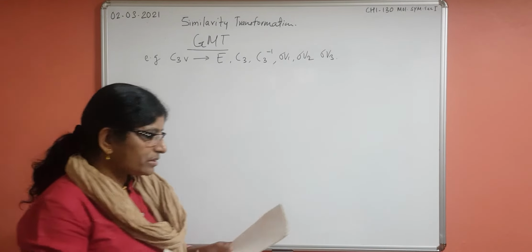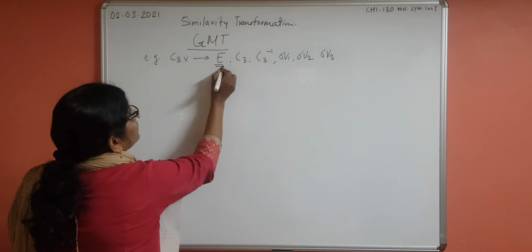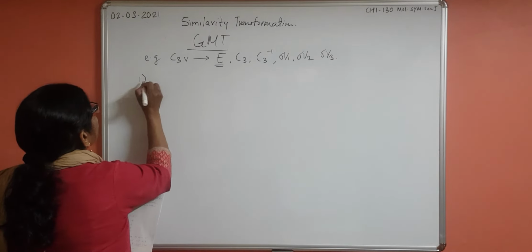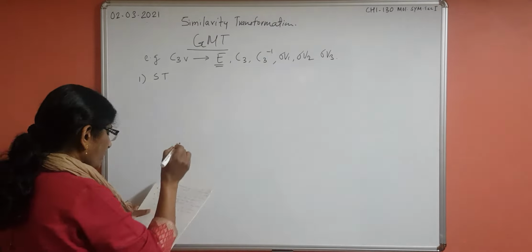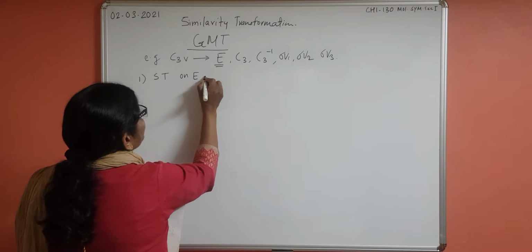First we have to start with the first symmetry element of the point group. Number one, similarity transformation. I'll write ST for similarity transformation on identity. First we have to complete the equations.